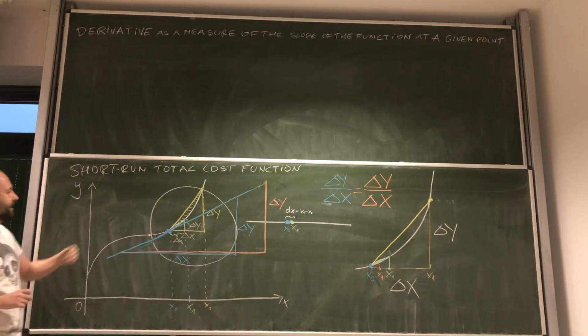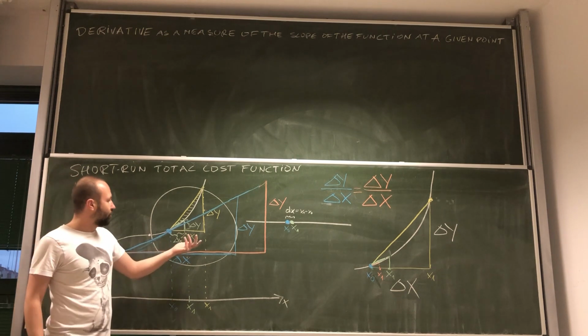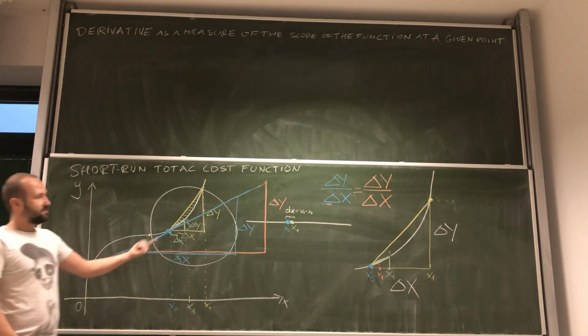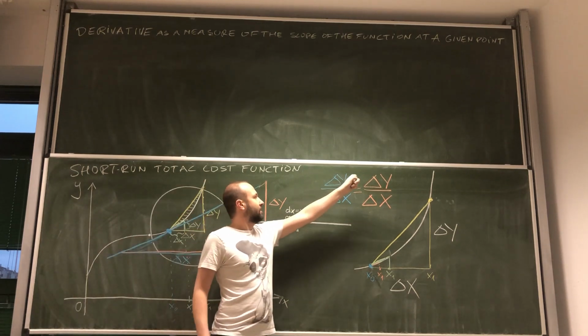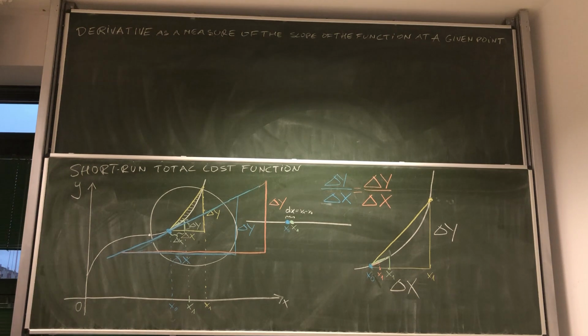how we would calculate the slope of the function at a given point, right? We can just use a tangent line and calculate delta y over delta x. But do we really need to do it? Maybe there's another way to do it.